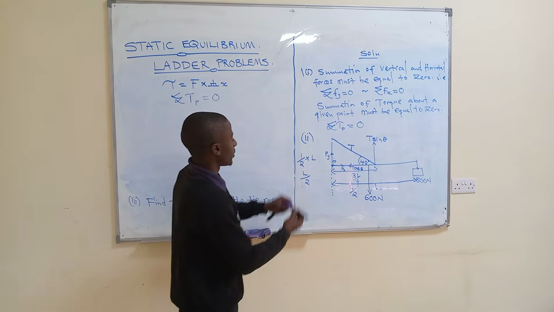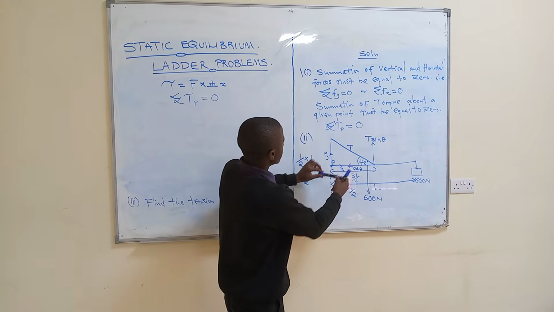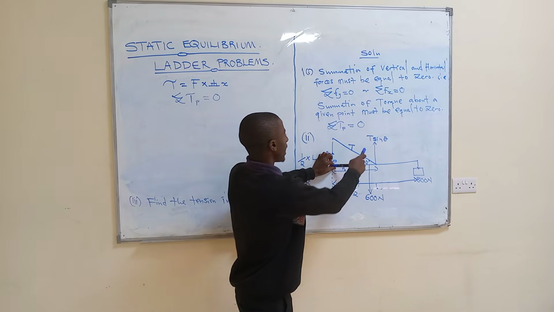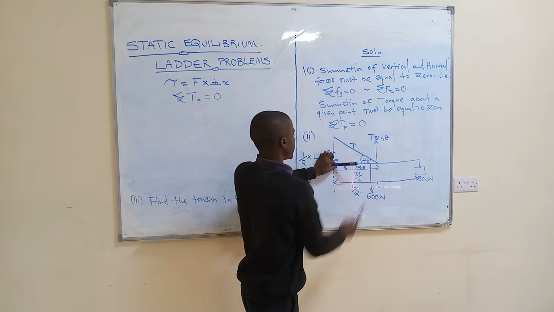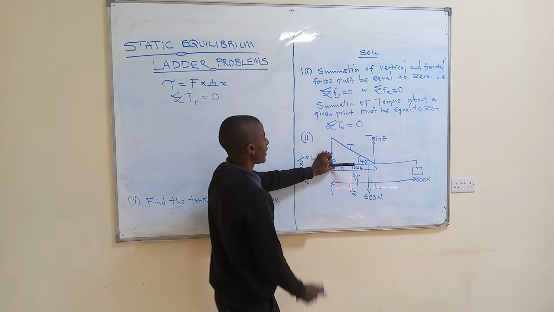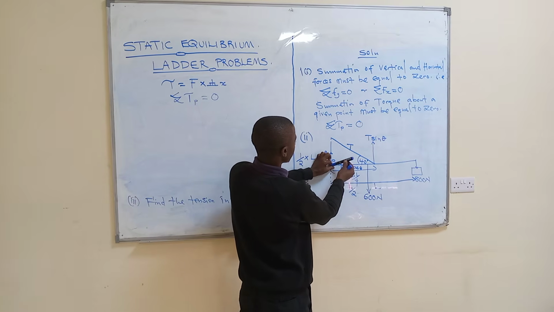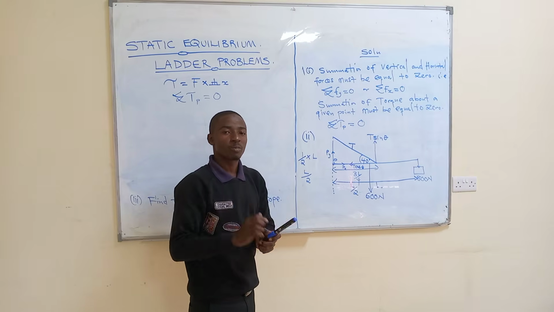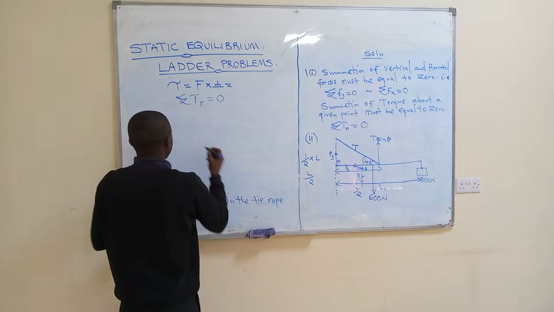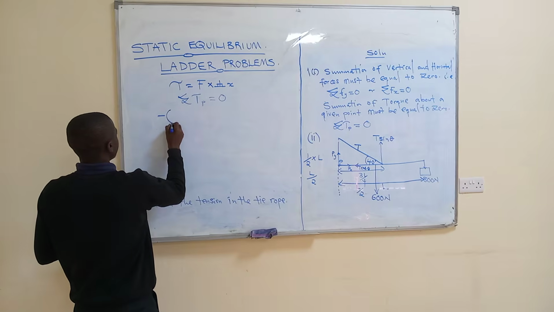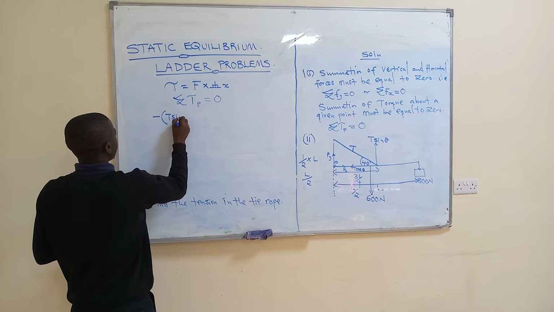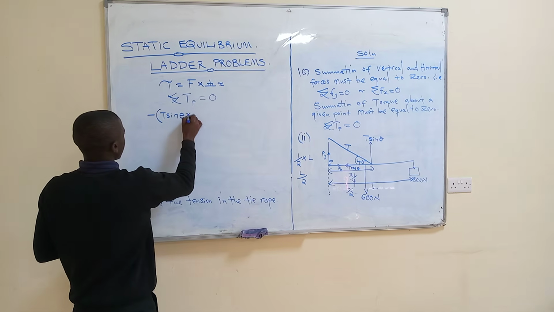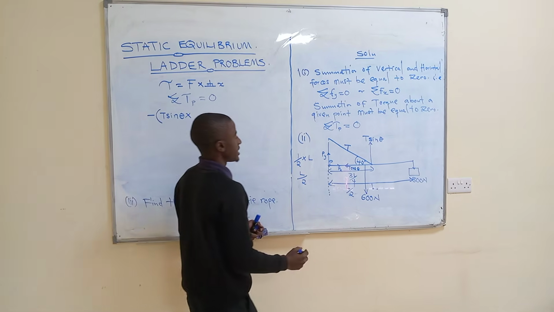So from there, we can now start. If I put this marker at my pivot point, and then I look at this force, T sin theta, it is acting upward. If I apply a force upward going this way, this is anti-clockwise. Since it is moving anti-clockwise, I'm going to add a negative. So that is negative T sin theta multiplied by the perpendicular distance.